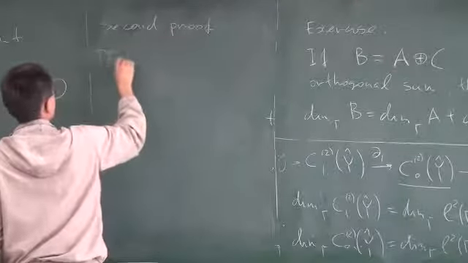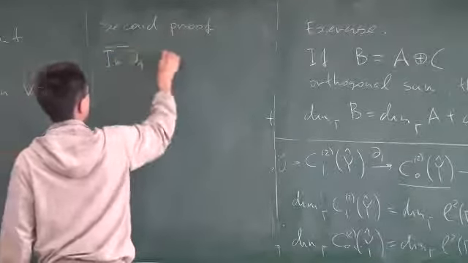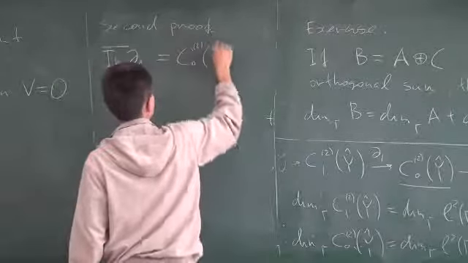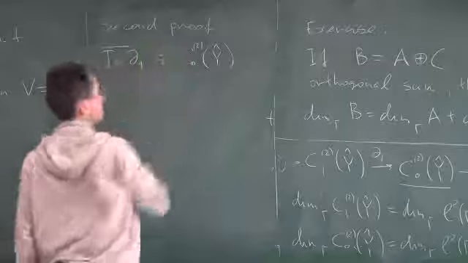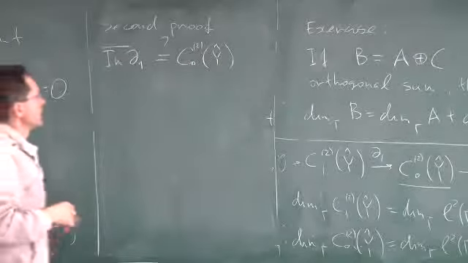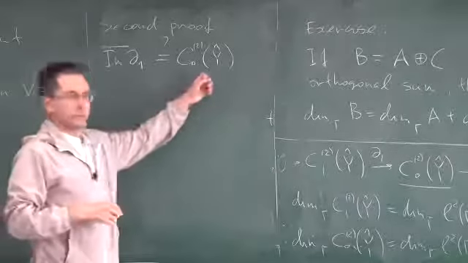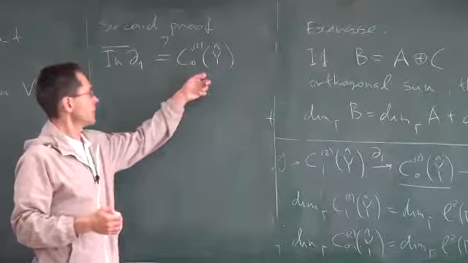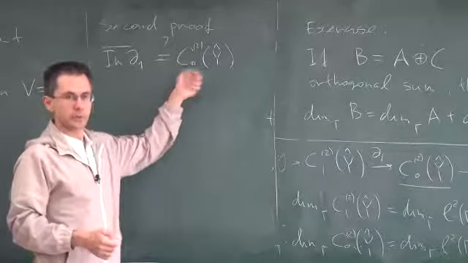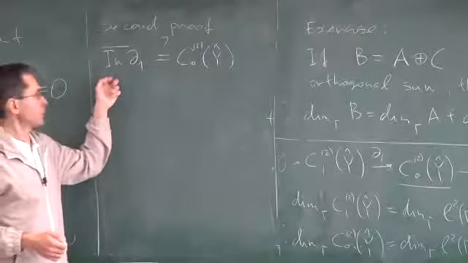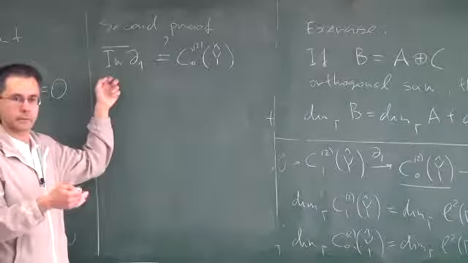We want to show that the image of D1, the closure of the image, is the same as the space of zero-dimensional chains. It means that any L2 summable zero-dimensional chain can be approximated by images of L2 summable one-dimensional chains.